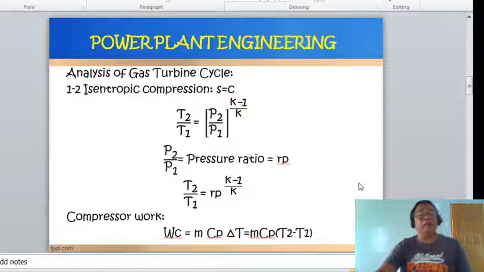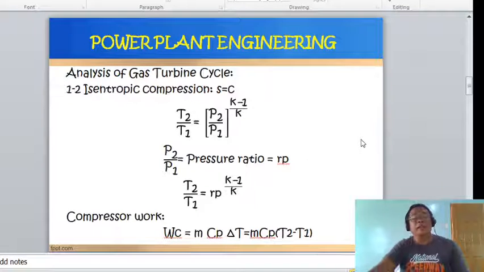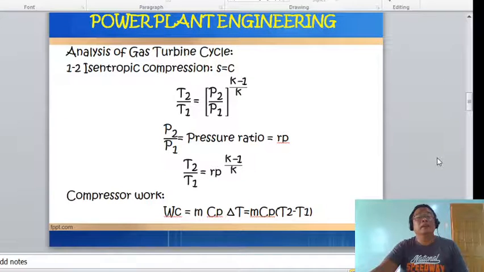And the compressor work is Wc = m Cp ΔT, or m Cp multiplied by the temperature at the exit of the compressor minus the temperature at the entrance. So that is easy.